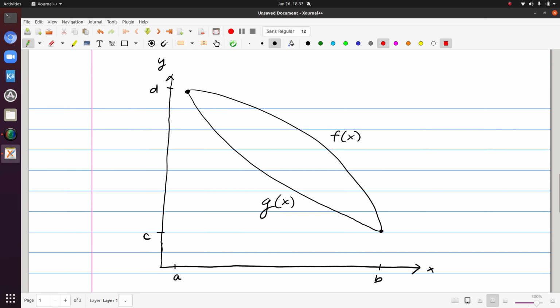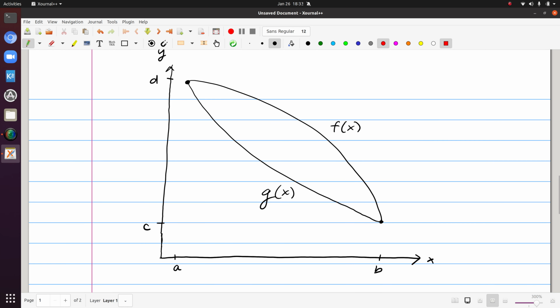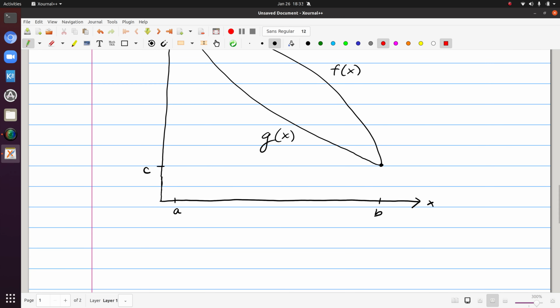So I have the same graph here, but let me think about instead, if I were to slice this horizontally, what I would want to think of here is, first of all, to focus on the interval of y values. So I've marked that c to d.